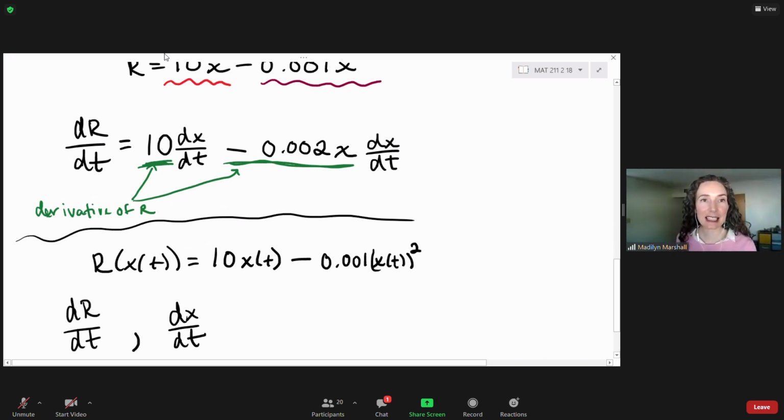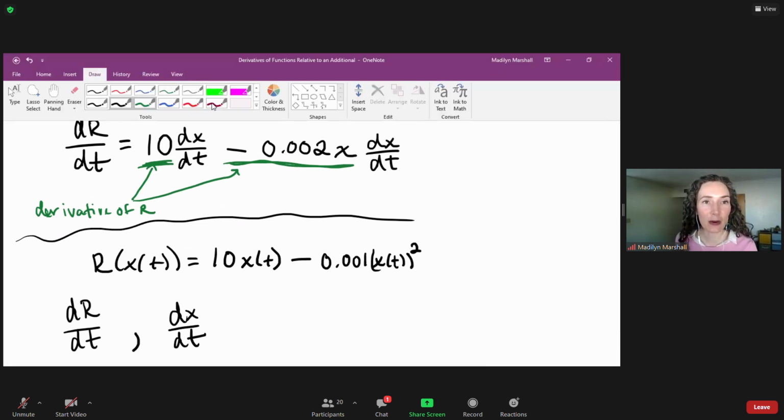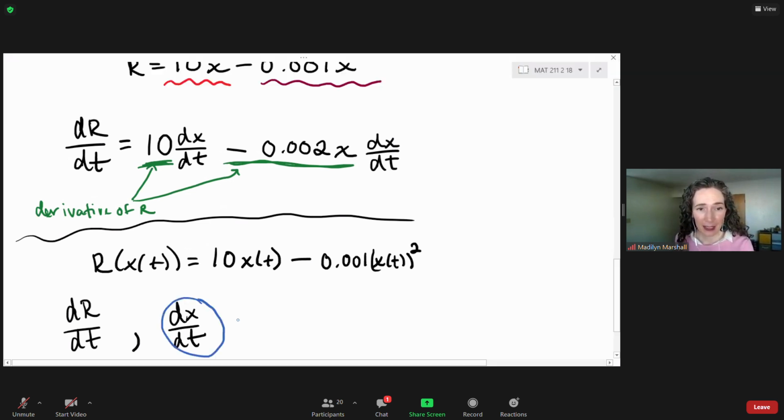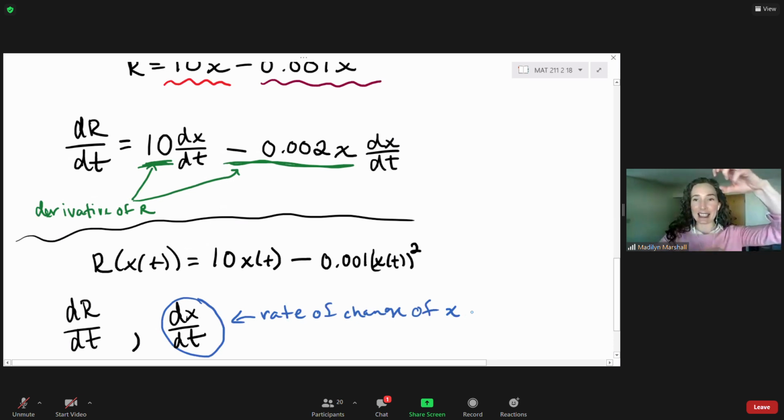So dx dt is like its own variable. It's a whole thing together, and that's the rate of change of x. Sometimes people want to see that as dx and dt separately, which sometimes it is in calculus, but not right now. It's one thing. It's the rate of change of x with respect to time.